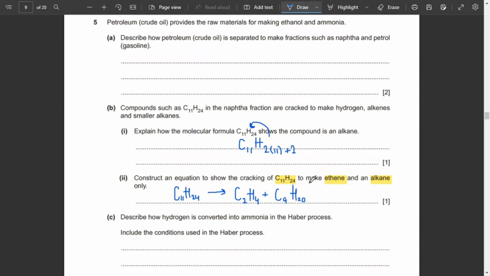This is how I have constructed an equation. You can construct a different equation, but you need to make sure that you have ethene over here and then you have an alkane over here too. All right, so that is how it's going to be done.